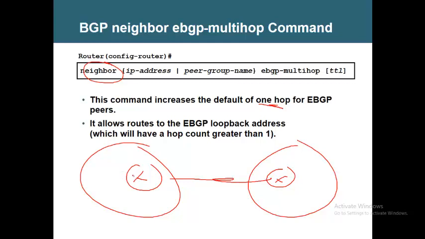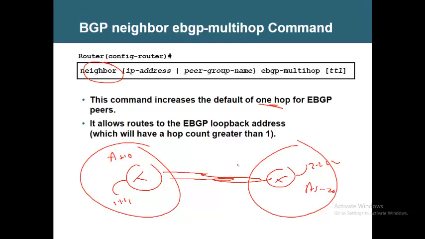So I repeat: you have autonomous system 10 and autonomous system 20, with loopback IP addresses 1.1.1.1 and 2.2.2.2, and multiple connections.